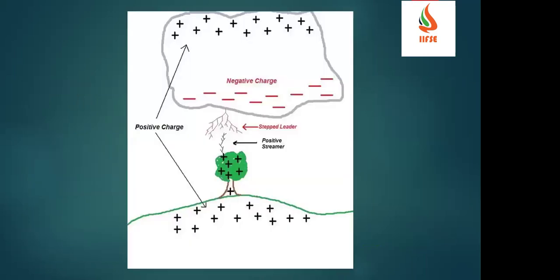You can see how it works in a pictorial representation. The cloud has a negative charge, and because the earth has a positive charge, when there is a positive charge nearby, it automatically gets the discharge. It is trying to balance the energy. This is how it attracts.